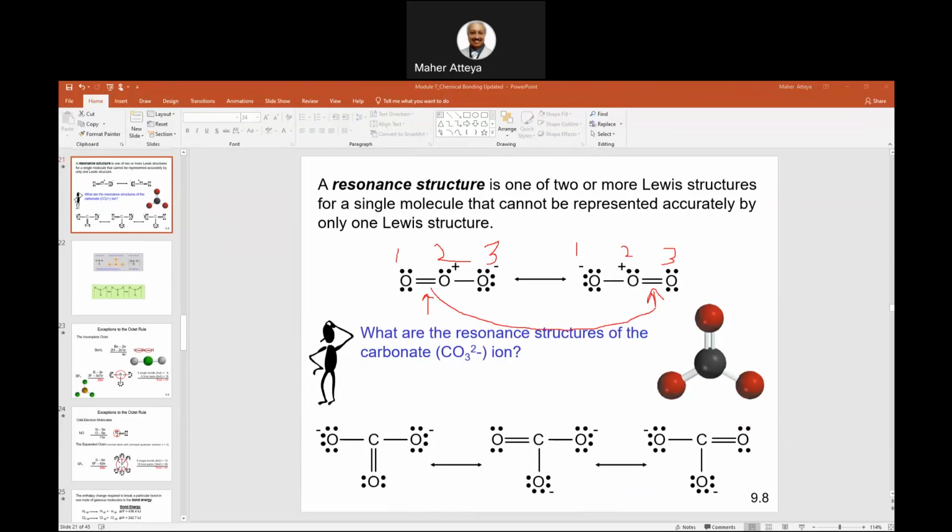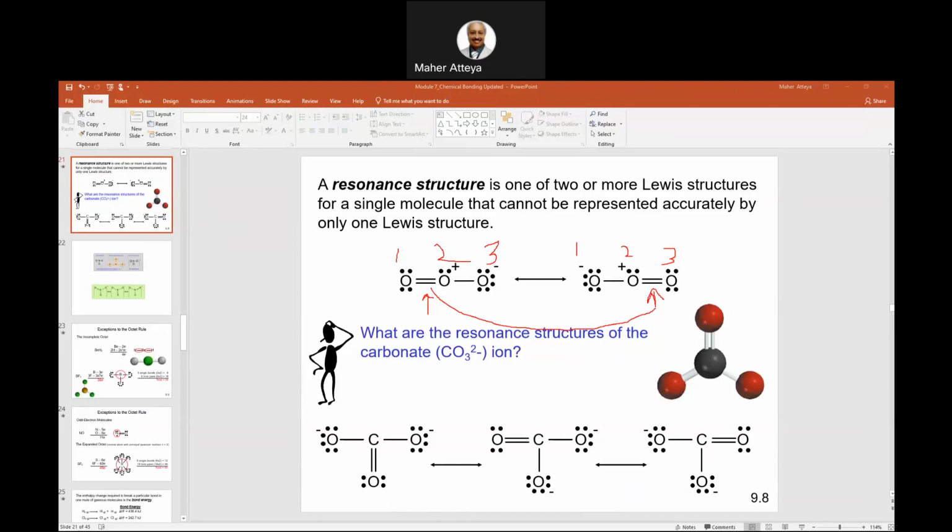Resonance means the higher the number of migrations of the double bond, the more stable the compound is. Let me repeat myself. The higher the number of migrations of the double bond, the more stable the compound is. So the stability of the compound is related to the resonance, and to how many migrations this double bond makes.